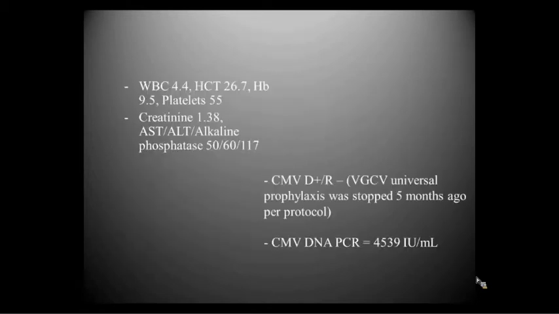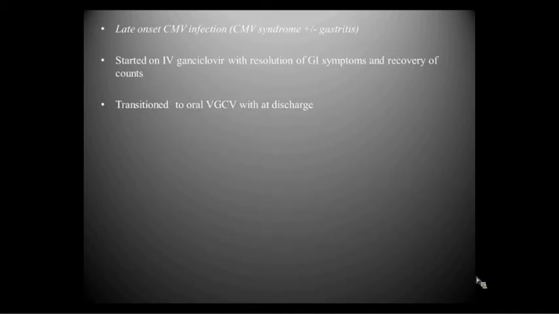So this is what I was talking about, the late onset CMV disease that we now see in the more than 6-month window, at a point when people are off their prophylaxis. He came back viremic at 4,539 international units. So this was certainly CMV syndrome, with the fever, thrombocytopenia, and myalgias, but with this epigastric pain, maybe gastritis, upper GI disease because of CMV.